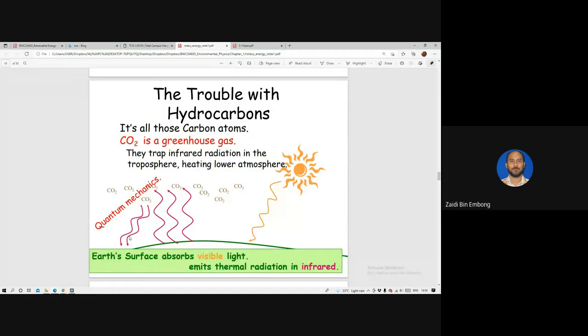Some of the heat from the surface of the ground cannot escape because it interacts with CO2. It's trapped over there. The heat does not go outside.